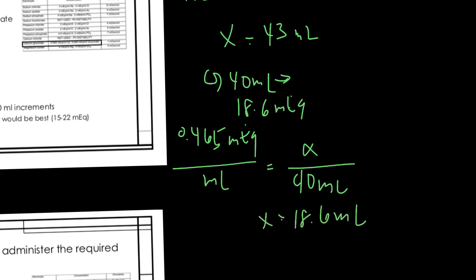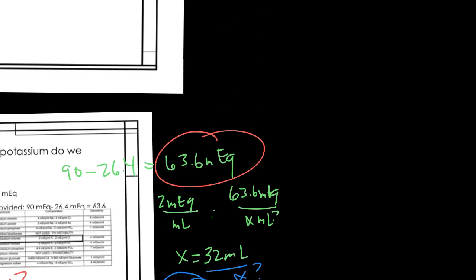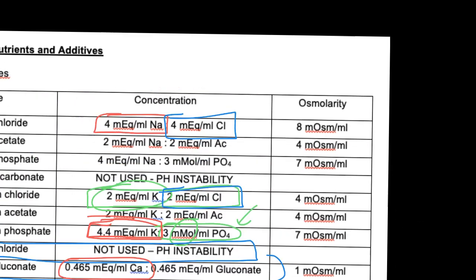So 18.6 milliequivalents. That checks out. Okay. So she gave 18.6 milliequivalents of calcium gluconate. We're going to fill that in.